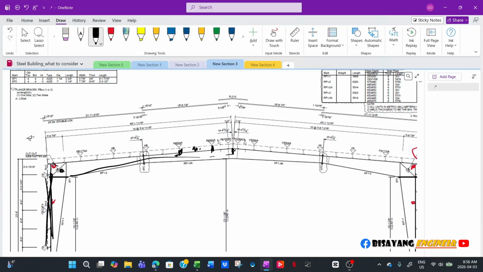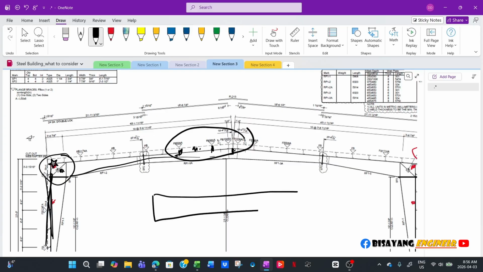But once it reaches right here, of course the reaction is bigger than in the middle, because it's the same as if you have a uniform load beam. Your shear at this location will be smaller than at the support, because this is where the maximum reaction is. So it's the same here.